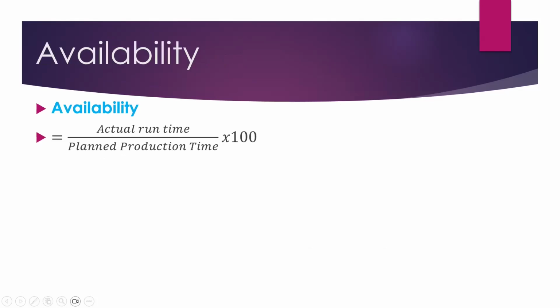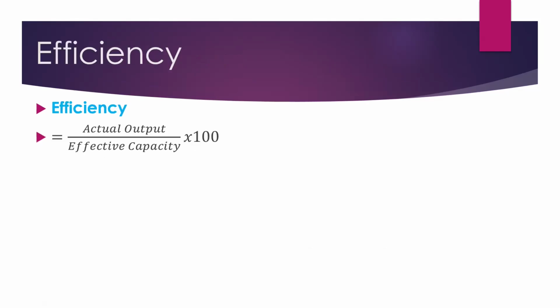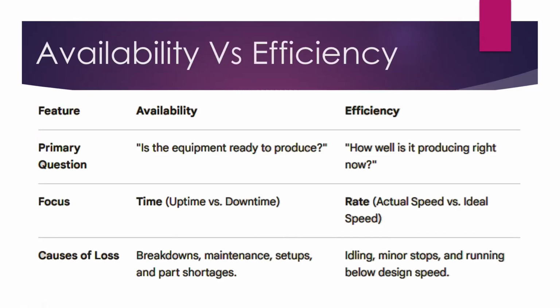So what is the difference between availability and efficiency? Availability asks: is the equipment ready to produce? Whereas in efficiency, the question is how well it is producing right now. So this is in terms of time availability, and this is in terms of the products or rate of production.